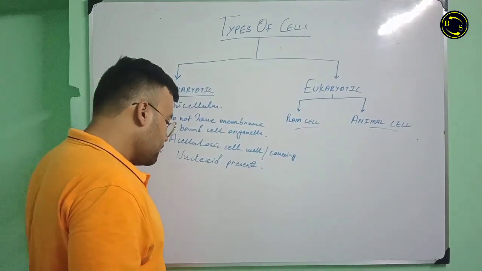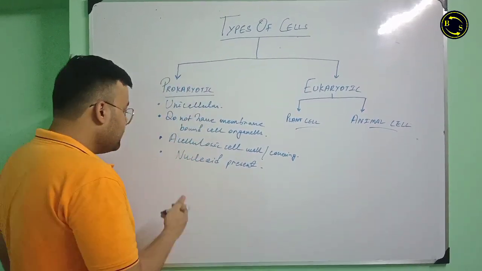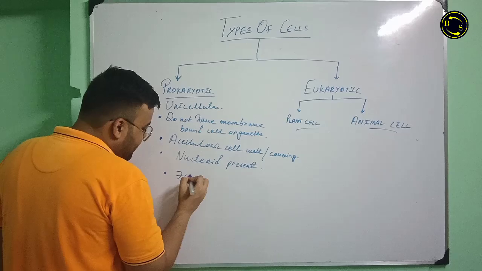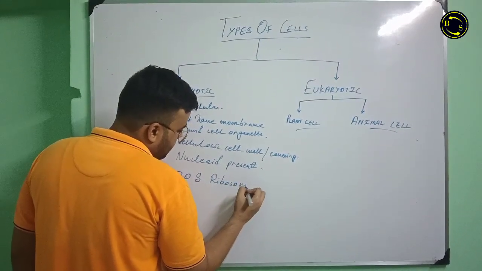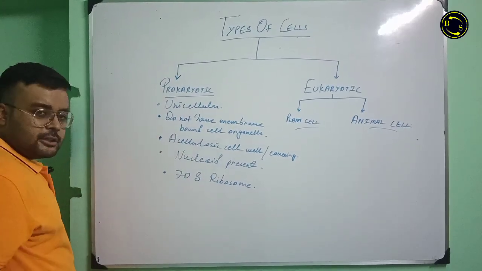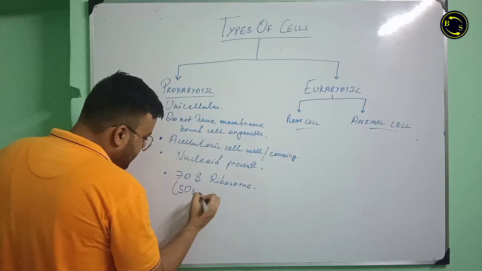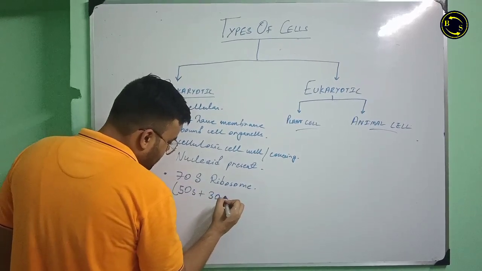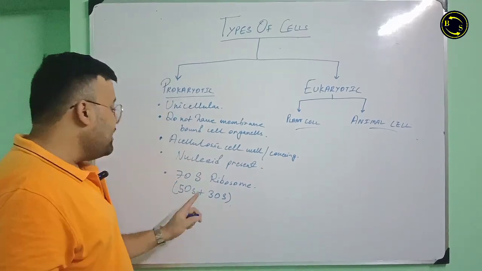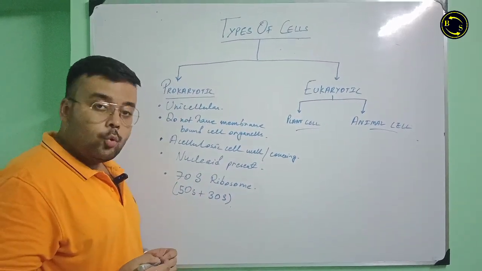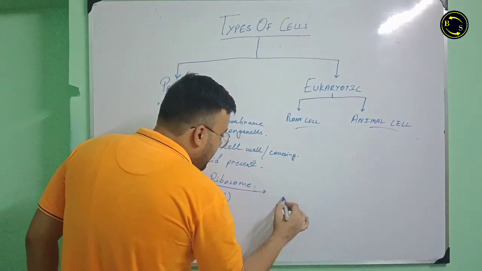Another thing, they have a different type of ribosome. They have a 70S ribosome. This 70S ribosome is made up of two subunits, 50S plus 30S. You may think 50 and 30 adds up to 70, but no. Ribosomes appear like this.